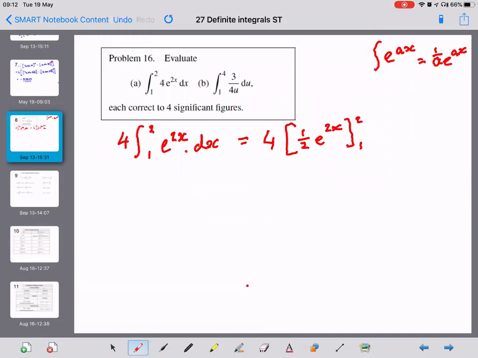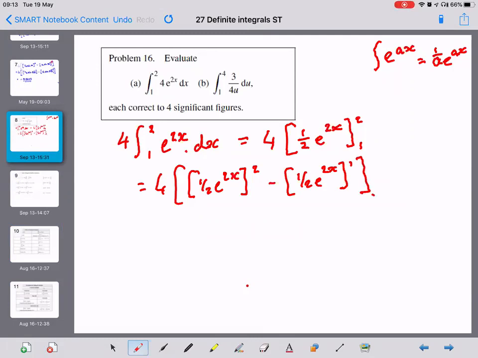Okay. So that equals 4 times half e to the 2x, where x is 2, minus half e to the 2x, where x is 1. Close the brackets.